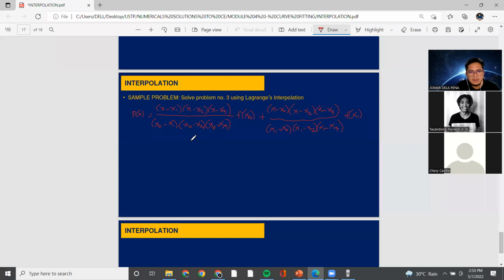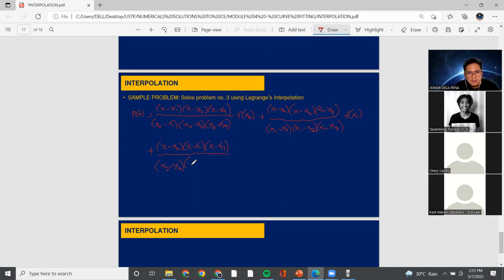Then for the third term, we have plus X minus X sub O. Si X sub 2 na sa datong walaon. X minus X sub 1 and X minus X sub 3. We have X sub 2 minus X sub O, X sub 2 minus X sub 1 and X sub 2 minus X sub 3 times function of X sub 2.